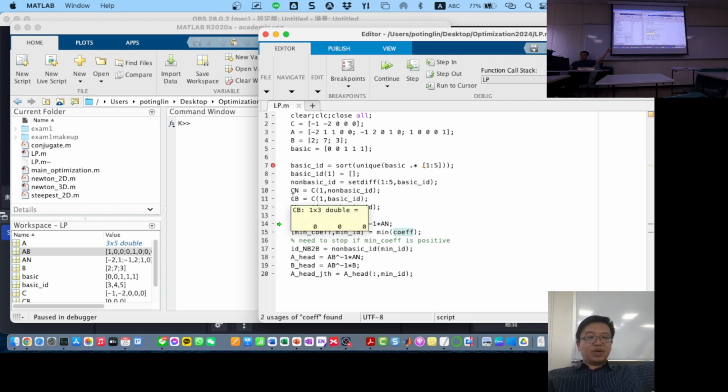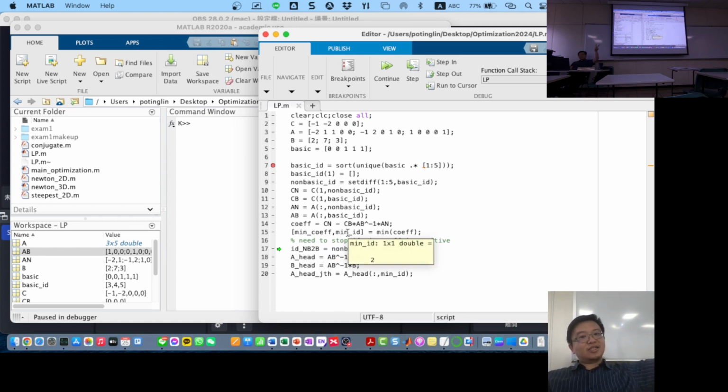CN, CB, AN, AB. The coefficient based on the notes, we need to do this. So after the calculation, I got -1 and -2. Use this min coefficient at the end. The minimum one is -2, and the ID is the second. So the second one has the smallest, the most negative one. And I will do this check later on.